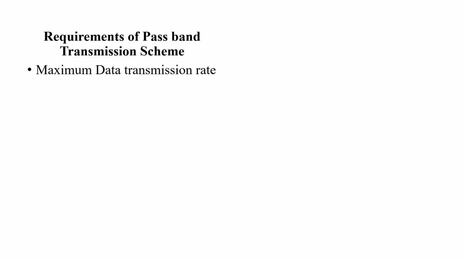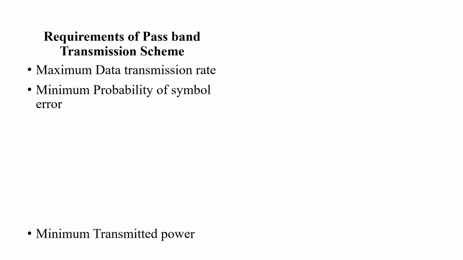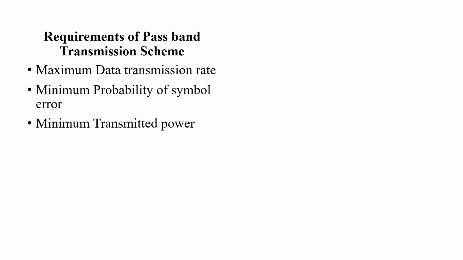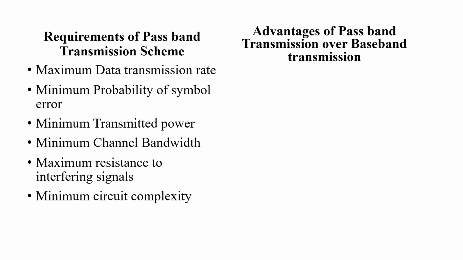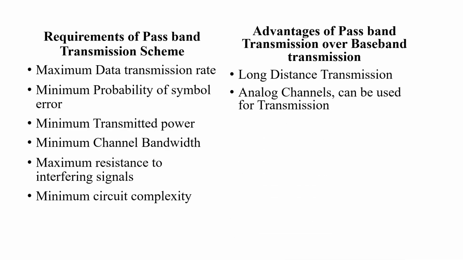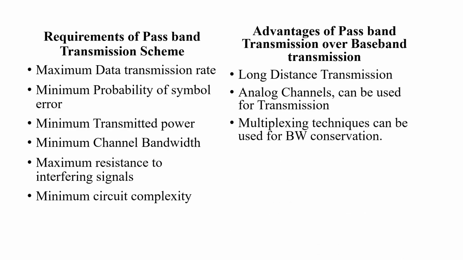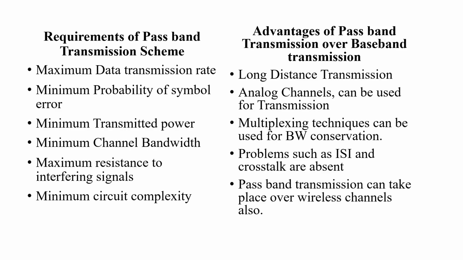So requirements, why is it required? Maximum data transmission rate, minimum probability of error, minimum transmitted power, and minimum channel bandwidth are required here. Also maximum resistance to interfering signals and minimum circuit complexity, and much more, right? Advantages of passband are multiple: long distance communication, analog channels can be used for transmission, multiplexing techniques can be used for bandwidth conversion, and ISI and crosstalk may be reduced, not absent, but reduced.